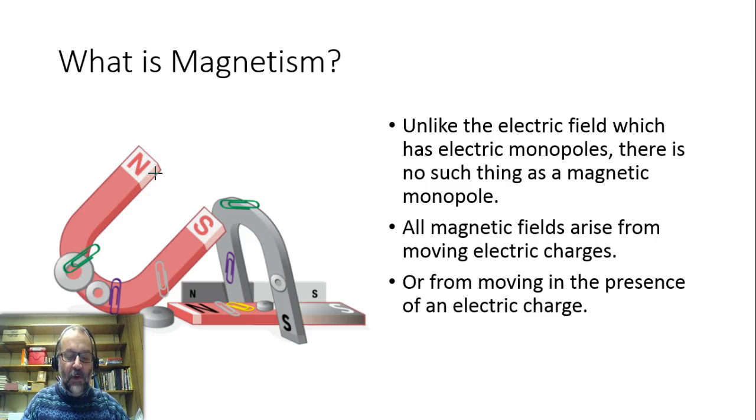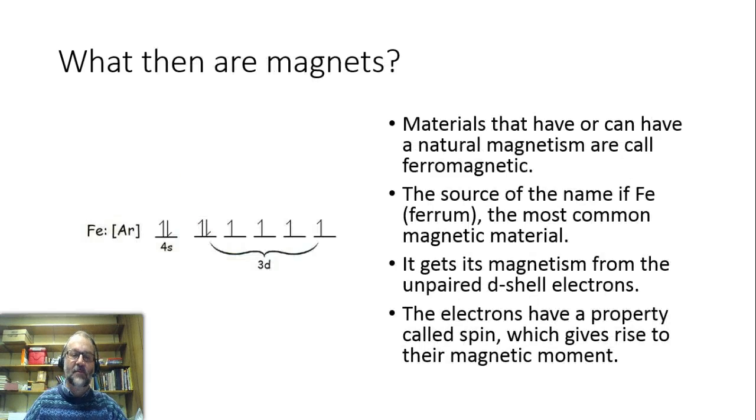So, how do we make magnets? Or what makes a magnet? Most magnets are made from ferromagnetic materials, and we use the word ferromagnetic because iron or ferrum is the most common magnetic material out there. The reason iron is magnetic is because it has these 4 unpaired electrons in the D shell.